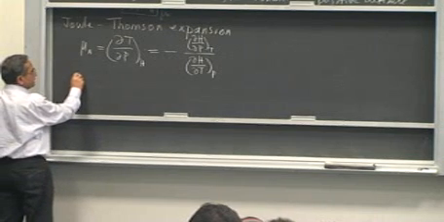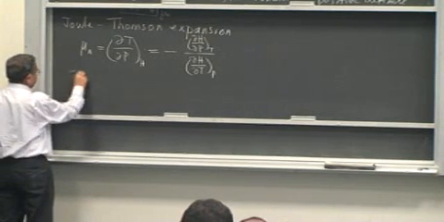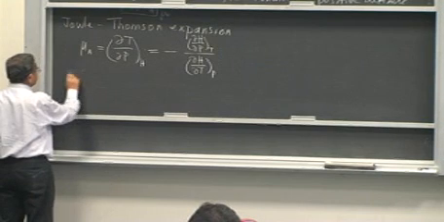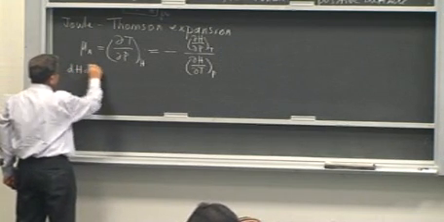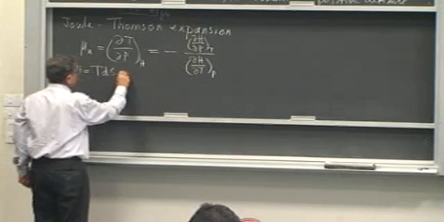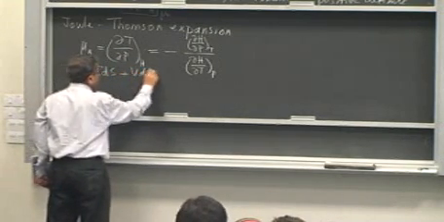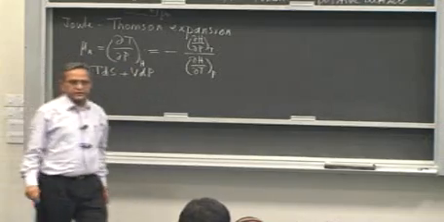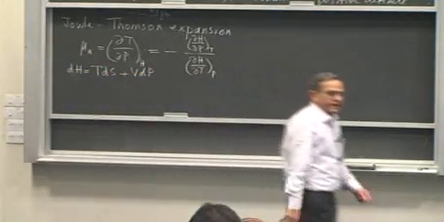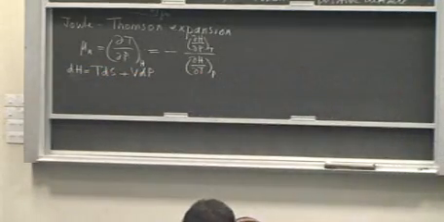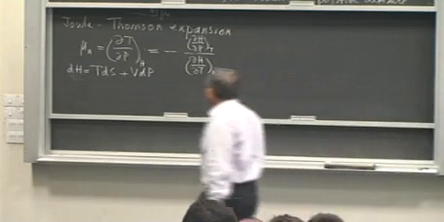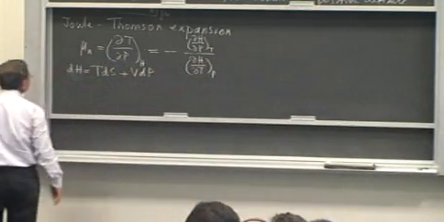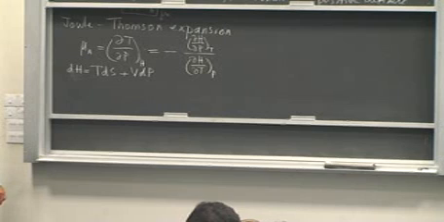And then, since dH is equal to T dS plus V dP, right? By now you all remember each one of these relations by heart, at the tip of your tongue.